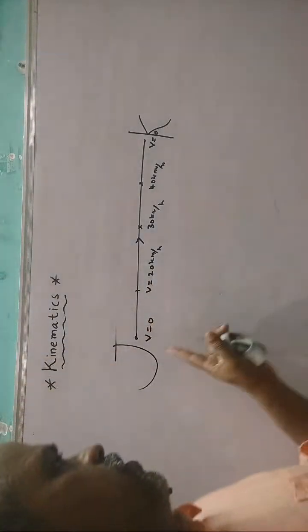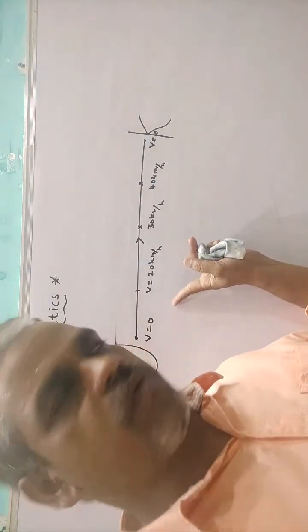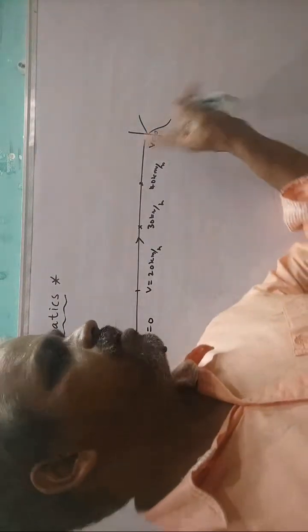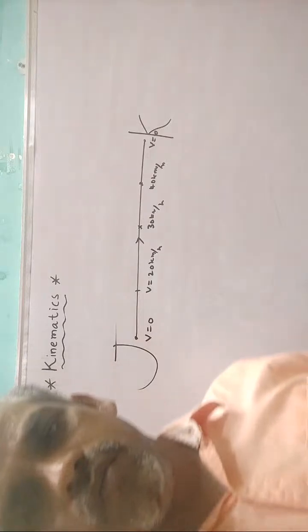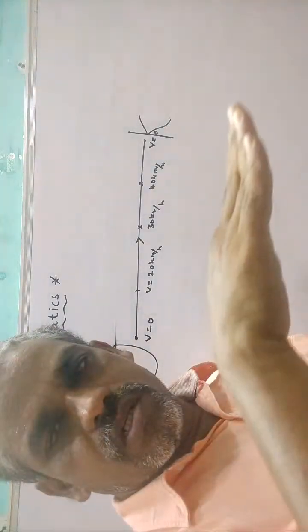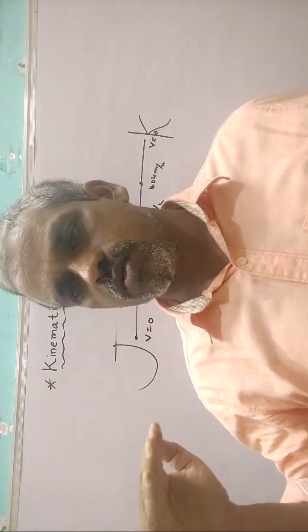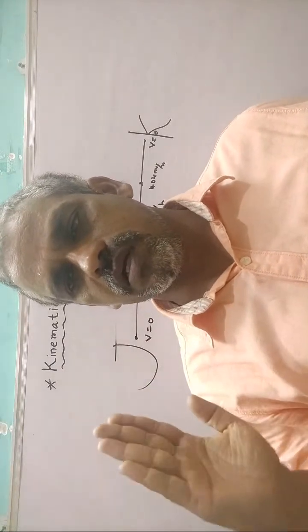You started with 0 km per hour. You increased your velocity. Finally, you stopped the car. The velocity starts at 0, increases, and finally stops.